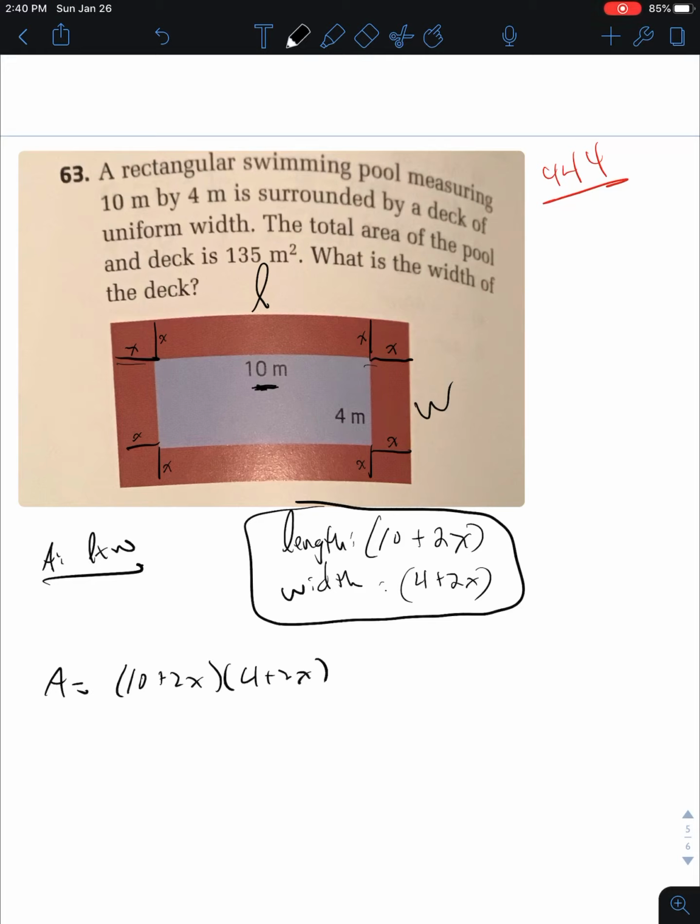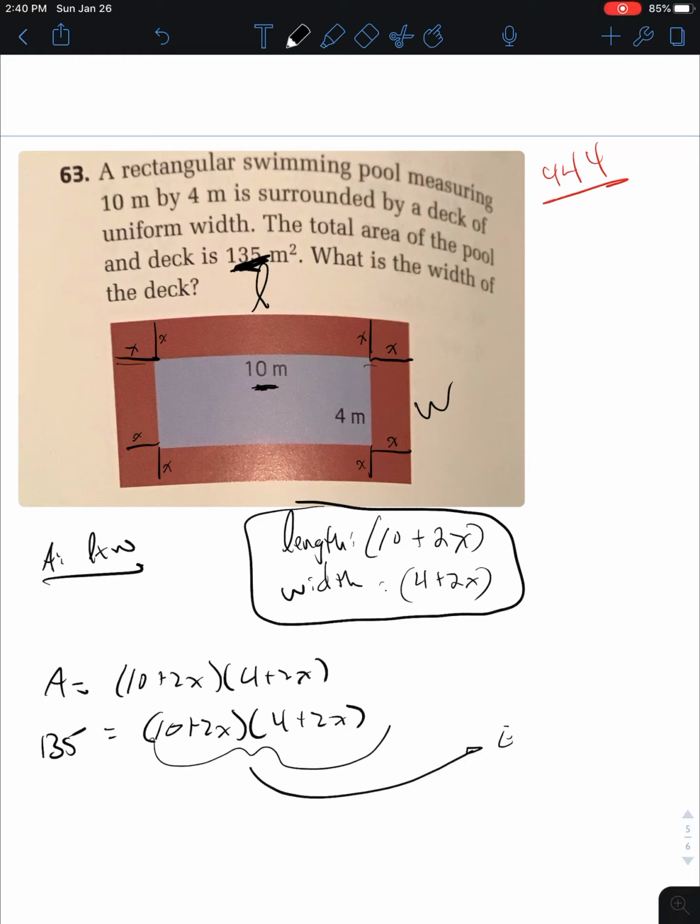I'm going to go 10 plus 2x multiplied by 4 plus 2x. And then it also told me the area in the question, so why don't we put that in there?